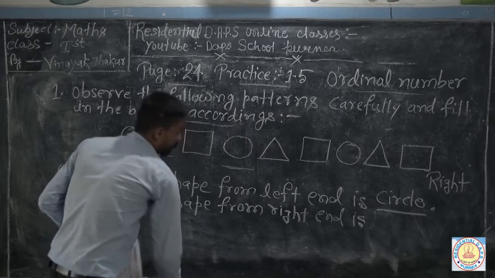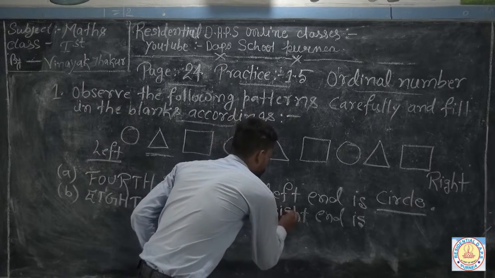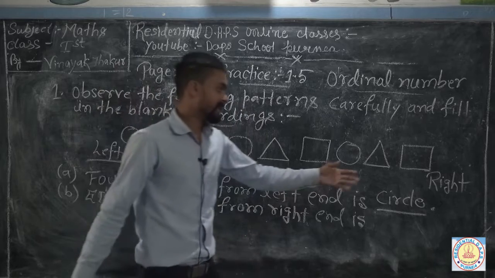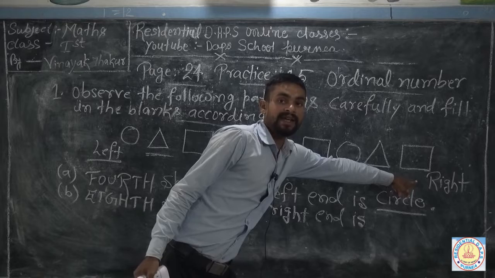So your eighth shape from right end is, you can easily find out from right which is your eighth shape.